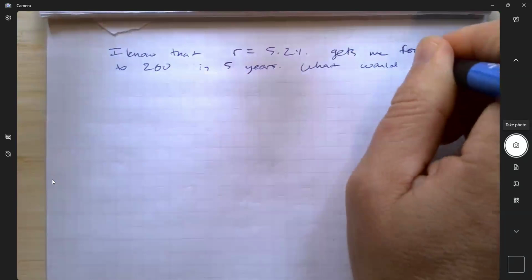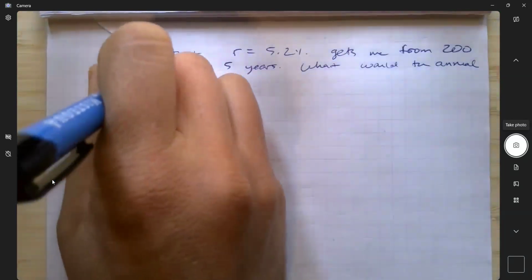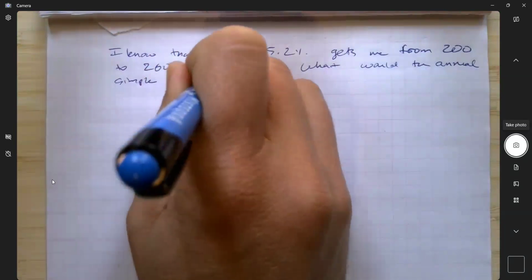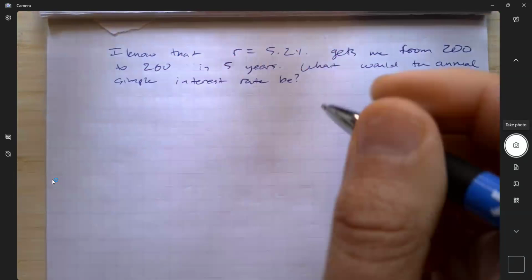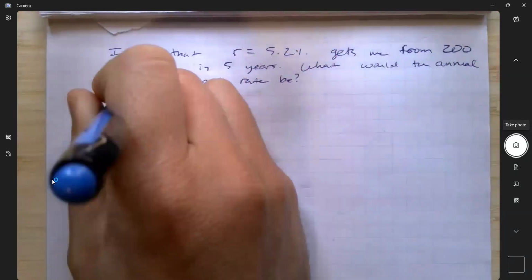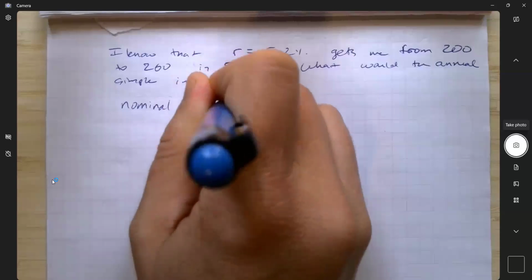What would the annual simple interest rate be? And the annual simple interest rate is called the nominal interest rate.